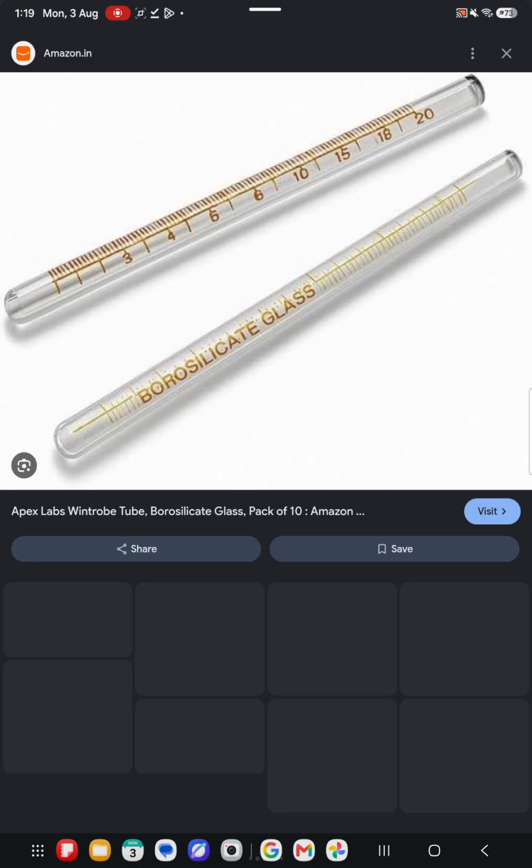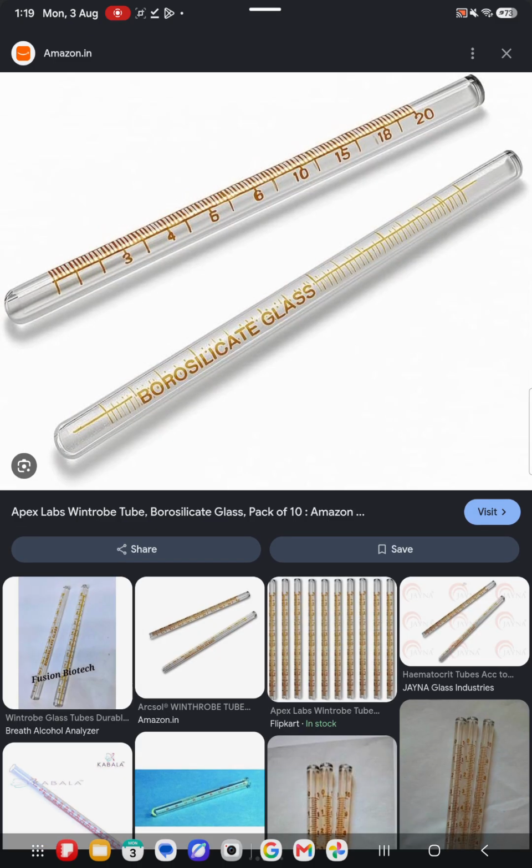This is the Wintrobe tube. It is shorter and has one open end.